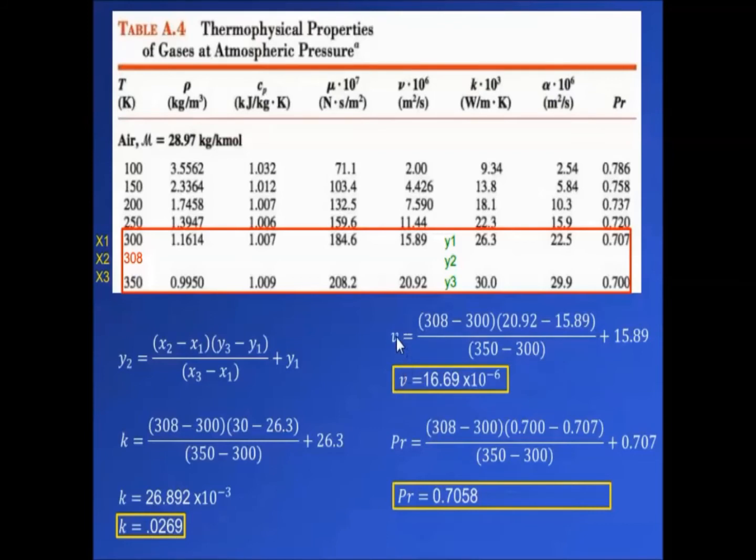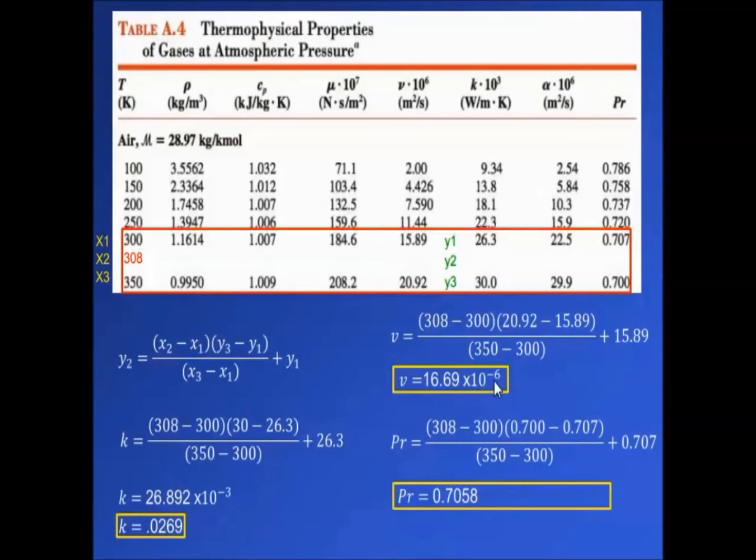Now we can do the same thing for our other properties in the table. Solving for V, V is equal to our assumed temperature of 308 minus 300, our lower limit, times our y values for V, 20.92 and 15.89, divided by our upper and lower temperature limits, 350 minus 300, plus 15.89. We get 16.69 times 10 to the negative 6 when we interpolate.